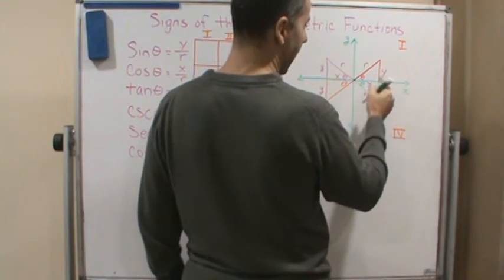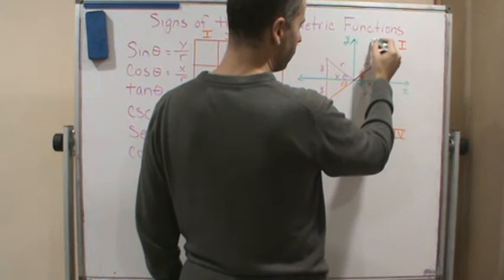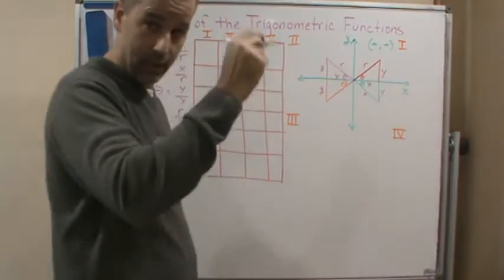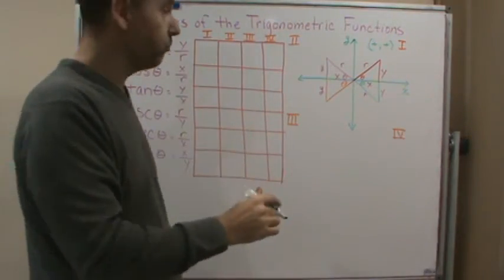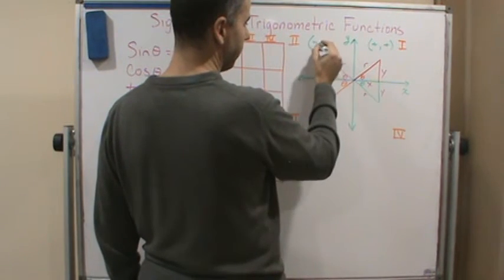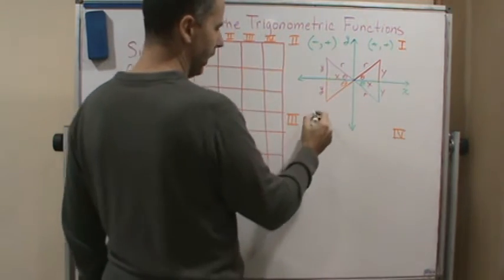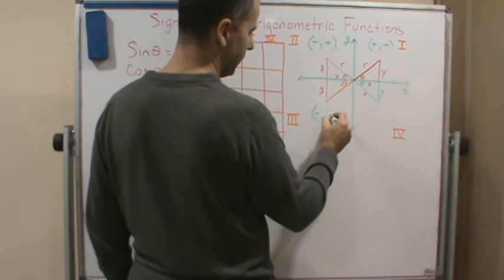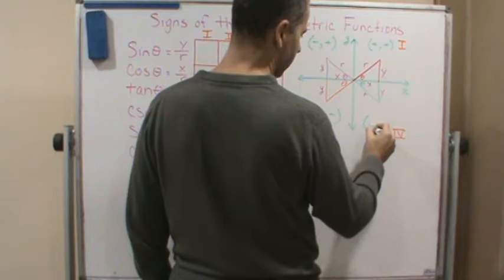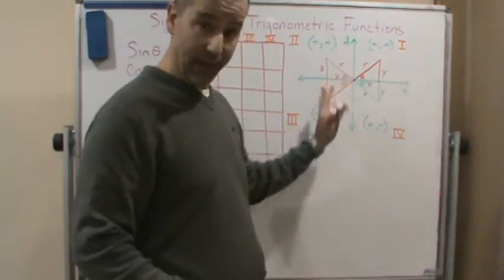In the first quadrant, it's positive, positive, so x and y are both positive. In the second quadrant, x is negative and y is positive. In the third quadrant, it's negative, negative. And in the fourth quadrant, it's positive, negative.